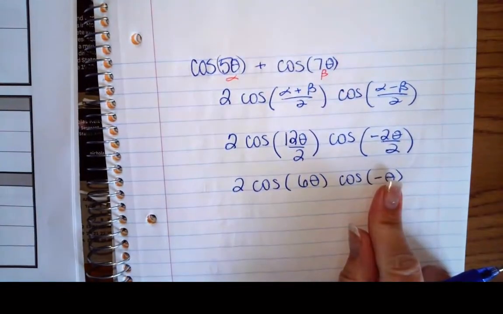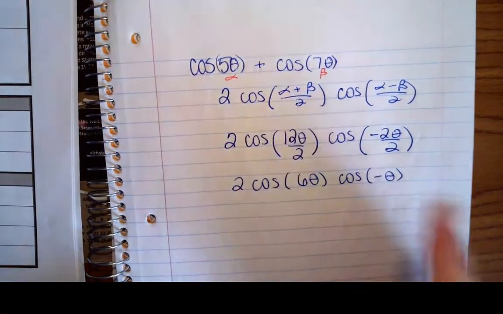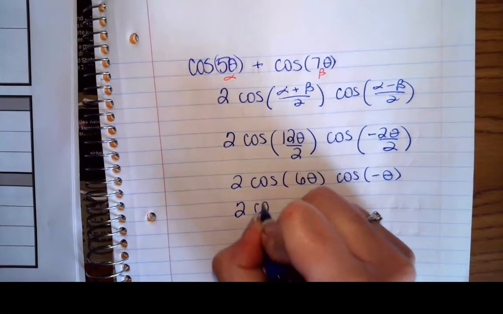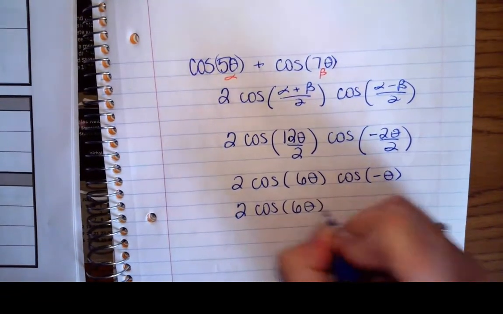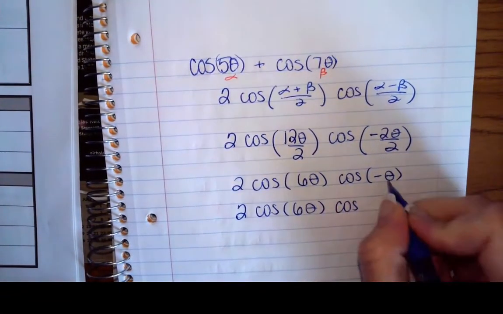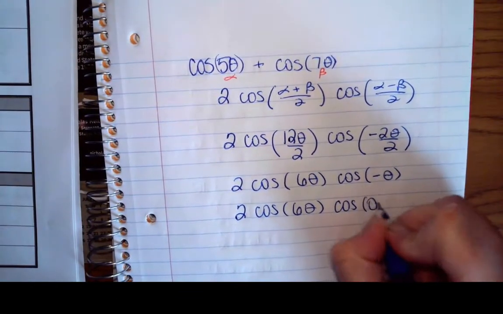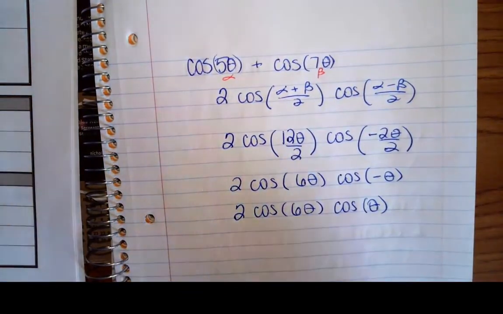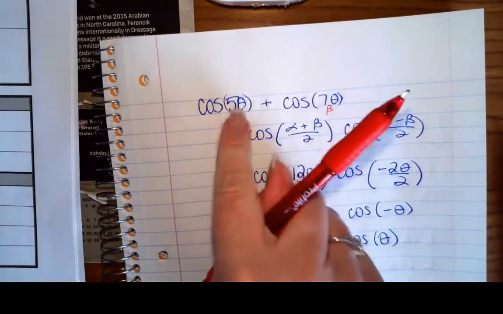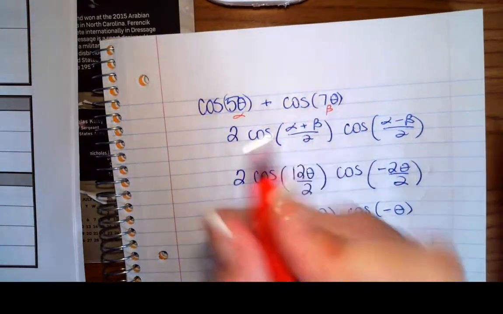But wait a minute, cosine is even. So I can essentially ignore that negative, because a negative angle measure and a positive angle measure will give me the same ratio. Now, look up here and see, because order doesn't matter in addition.